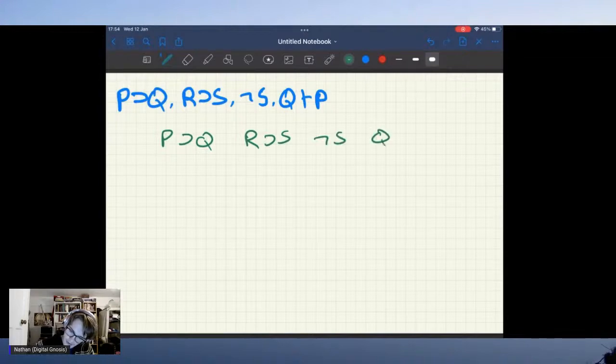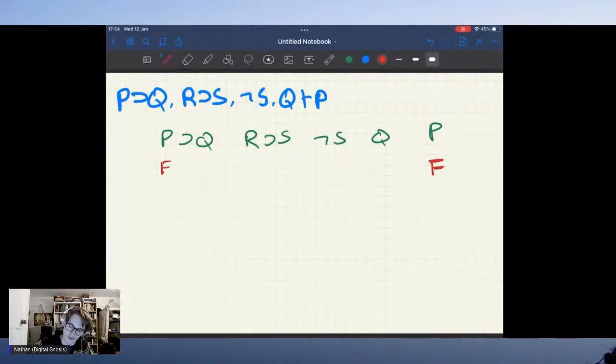We write our conclusion along the top, but what we're looking for is an assignment that makes it false. Okay, so we've got P as false. So we can go along and fill in all our instances of P and make them false.